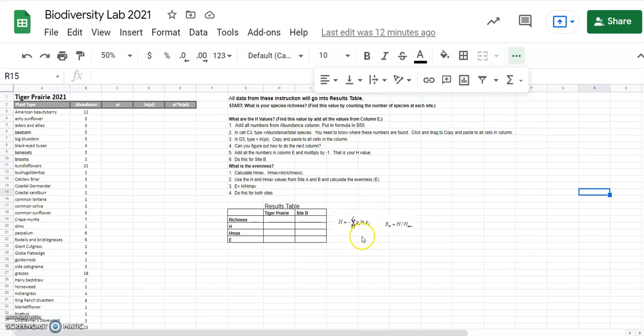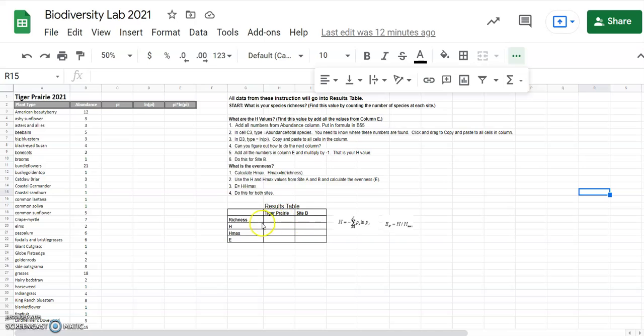So we're not going to worry about how we got this. I will just say that the great thing about the Shannon Index is that it does include both richness and evenness in it. Some indexes do not. So we're going to use our data here to calculate this index.